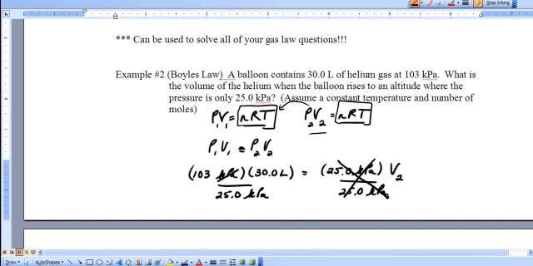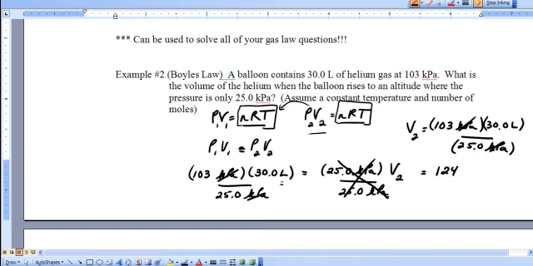Over here, the kilopascals divide out with kilopascals. We're left with just liters. We're looking for volume in liters. And so therefore, if we take 103 times 30 divided by 25, and again the kilopascals divide out, our final volume is going to be 124 liters.